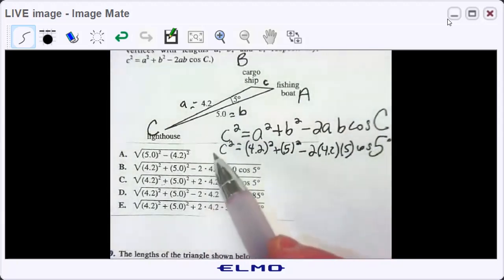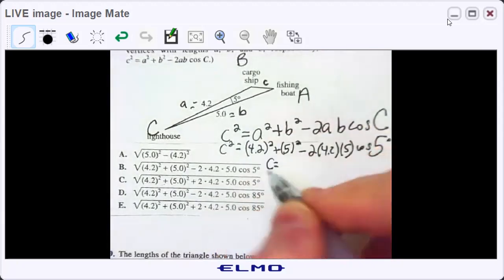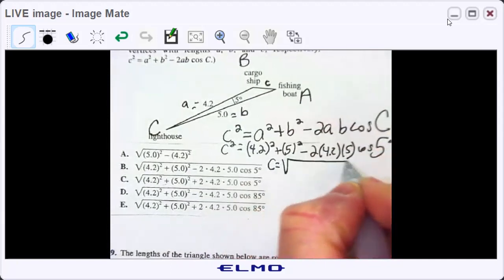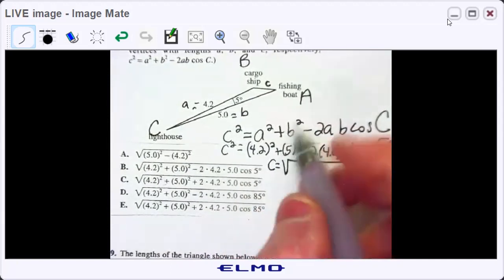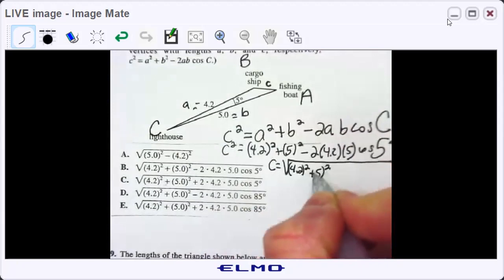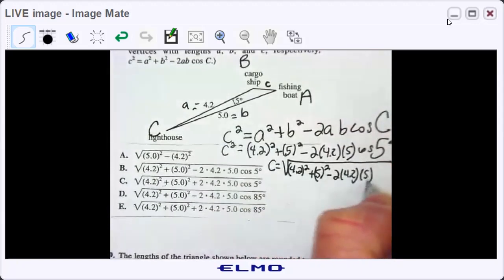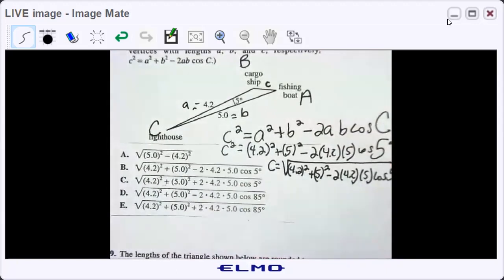And then we know that if we want to find c, we have to square root both sides, which is going to leave us with c equals the square root of 4.2 squared plus 5 squared minus 2 times 4.2 times 5 cosine 5 degrees.